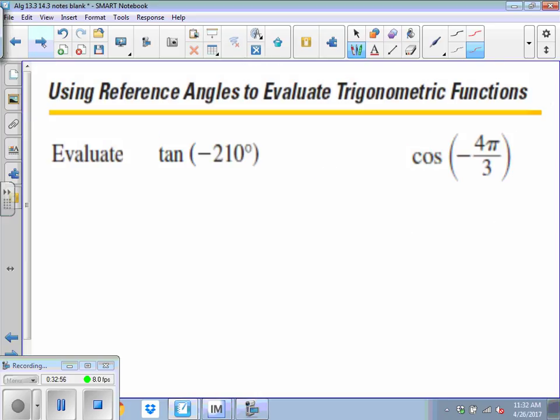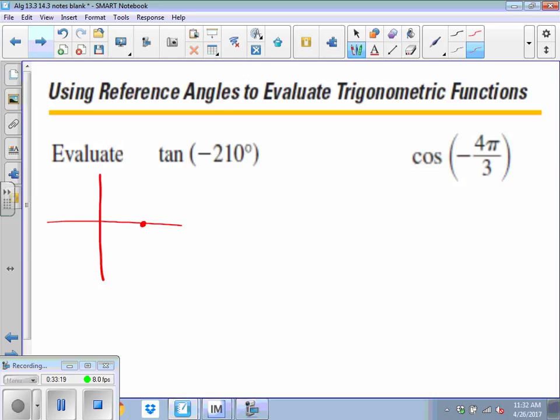Okay? So this says evaluate tangent of negative 210. Well, you can go ahead and calculate that, but it's going to give you a decimal answer. It's not going to be exact. So tangent of negative 210, first, figure out what's the reference angle that goes with negative 210. So, start at 0.